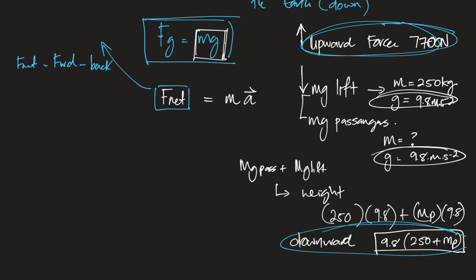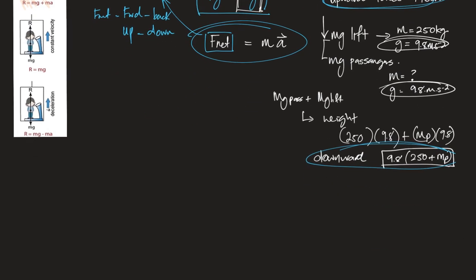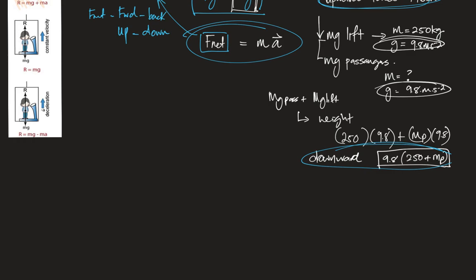So instead of forward and backwards, we've got whatever's up minus whatever is down. So now I need to put all of that into this formula and get an equation sorted out. So let's have a look at what I have. F net is equal to ma.